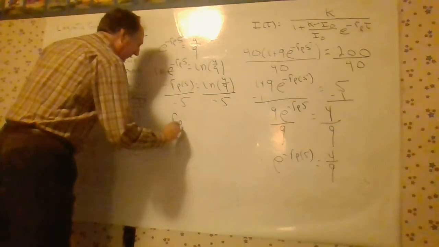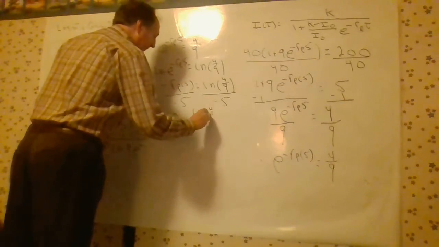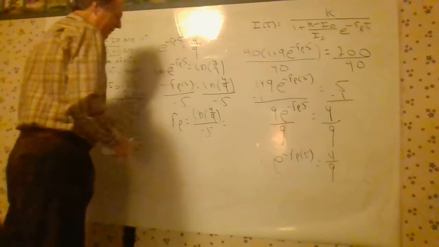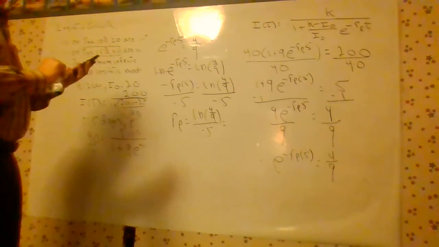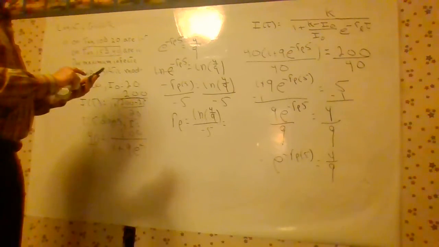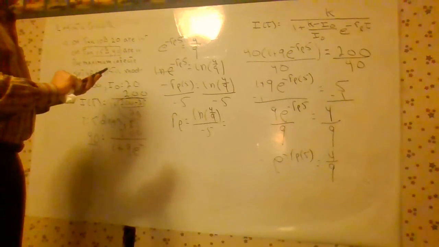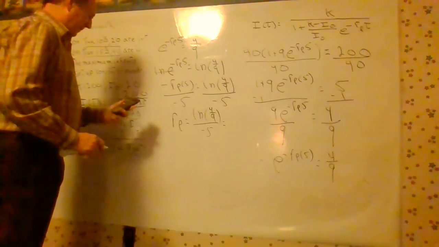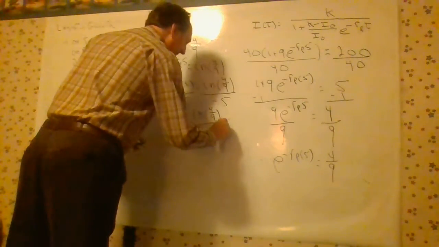That gives you R_L is equal to ln(4/9) over negative 5. And we can approximate that. Let me get a decimal approximation for that. It looks like we have 0.162 to 3 significant figures.